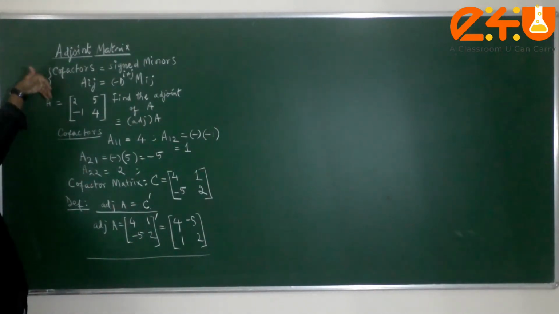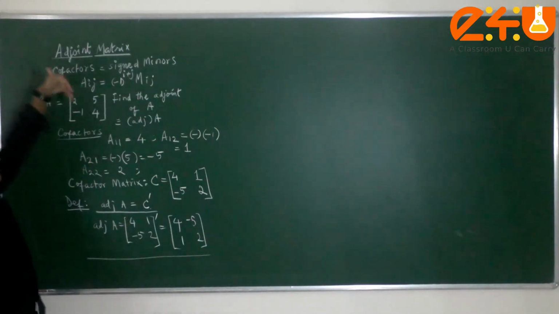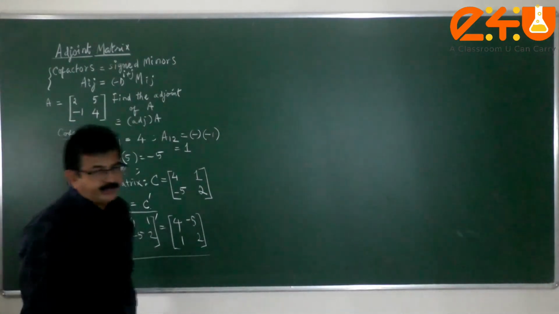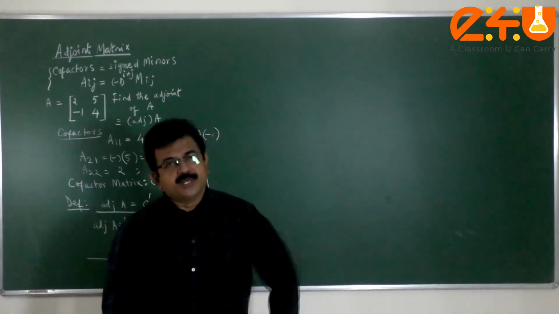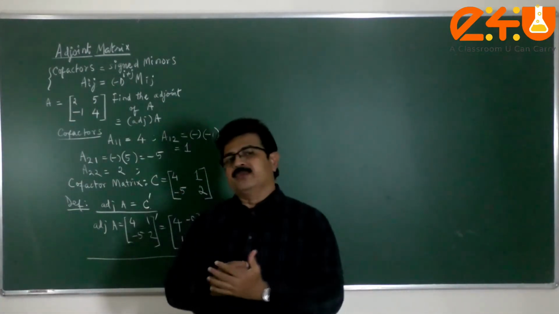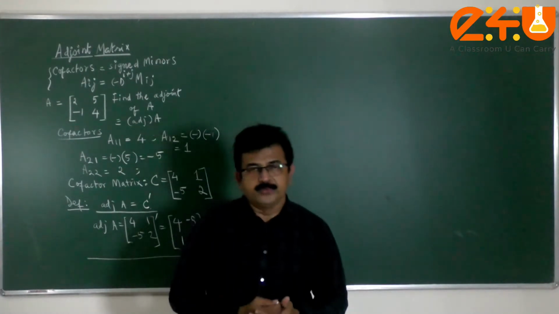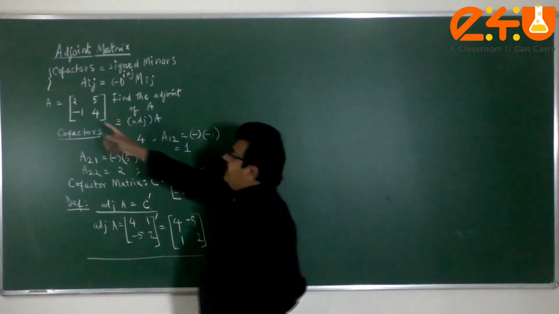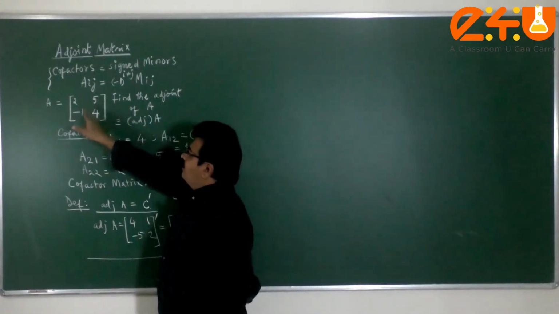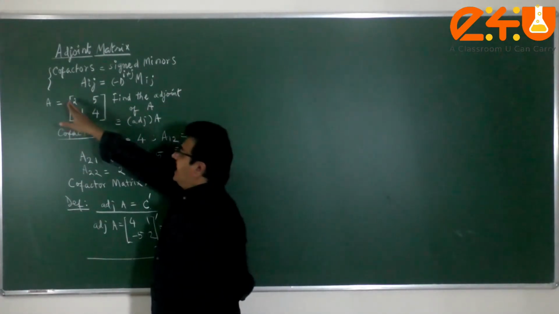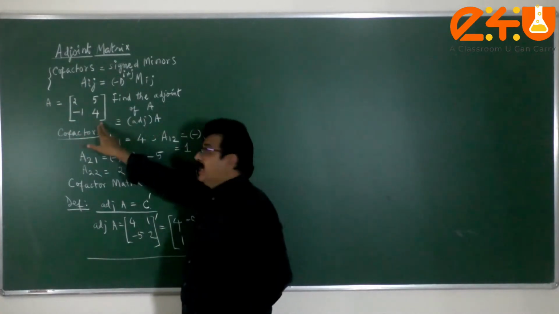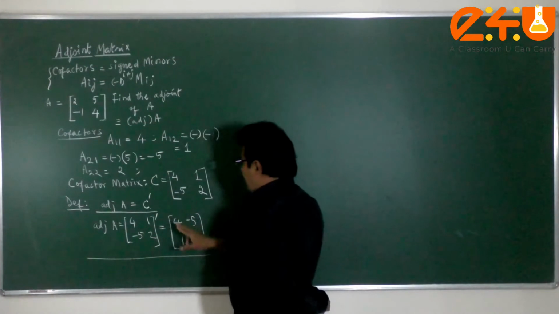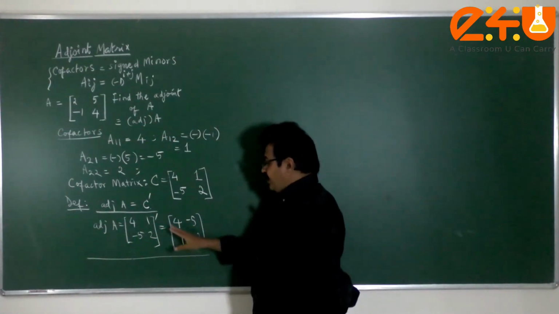In essence, what has happened? Shall we compare, so that students can arrive at a shortcut for the adjoint of a 2 by 2 matrix. You can see the given matrix is 2, 5, minus 1, 4. Watch the diagonal elements. Are they not 2 and 4? And watch the diagonal elements in the adjoint.